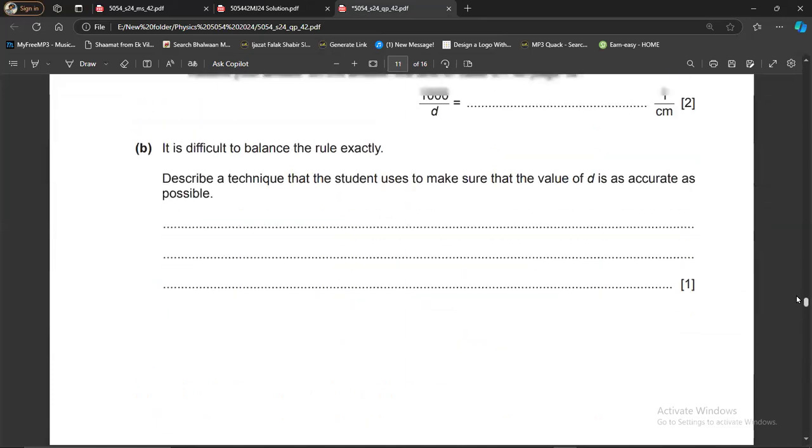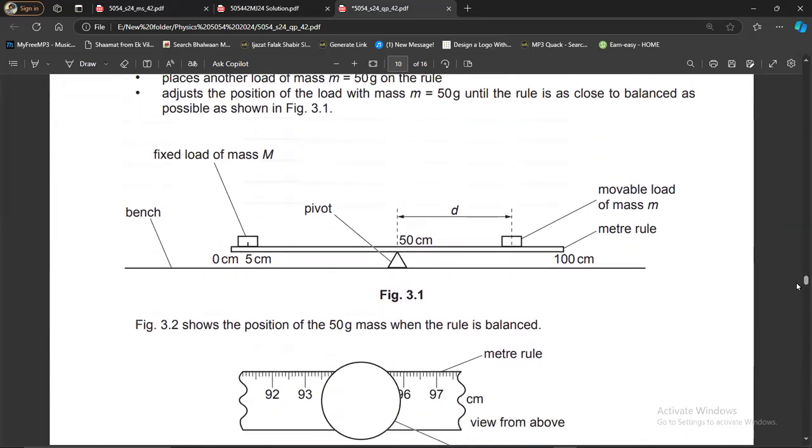We have to make it larger. If this mass is less than 40, then this D value becomes very large. The D value becomes more than 50 centimeter.